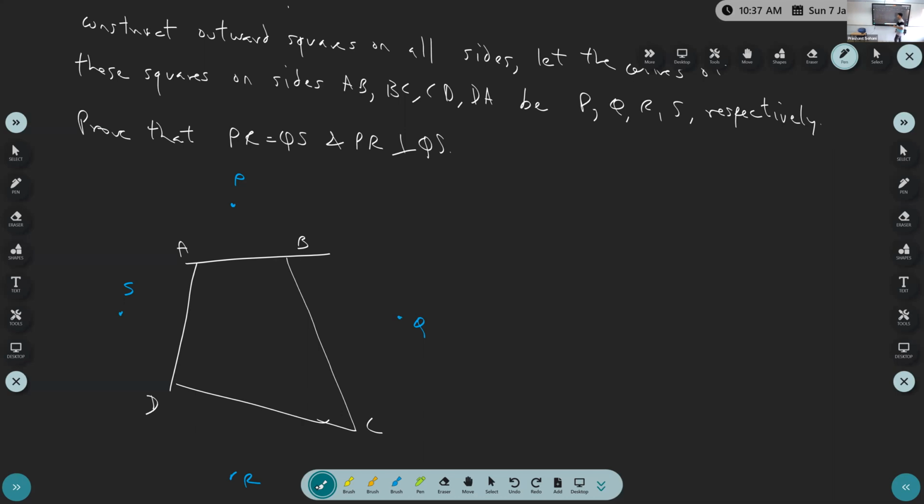So as usual, we always denote the complex coordinate with the small letter. So the complex coordinates of A, B, C, D can be denoted as small a, small b, small c, and small d. Right. So now the first question is, can we describe the points P, Q, R, S in terms of A, B, C, D? Because we know the relation, right? We know that this is forming a 45-45-90 triangle.